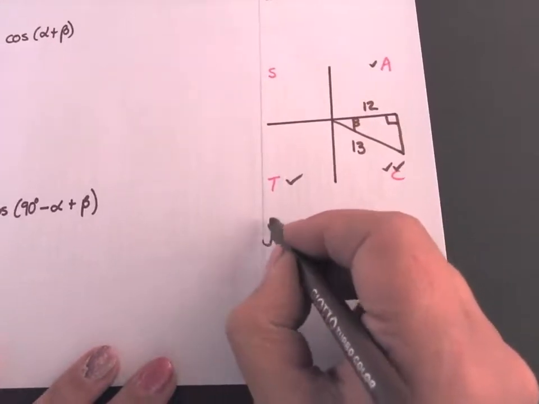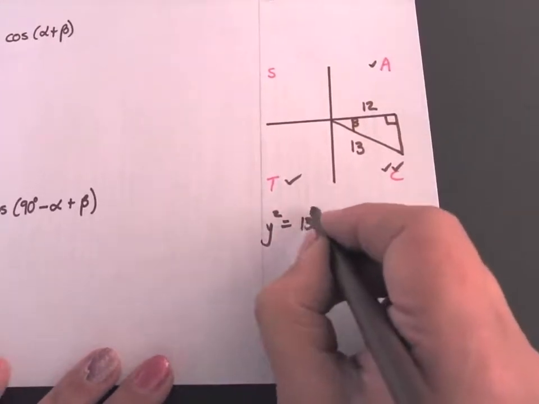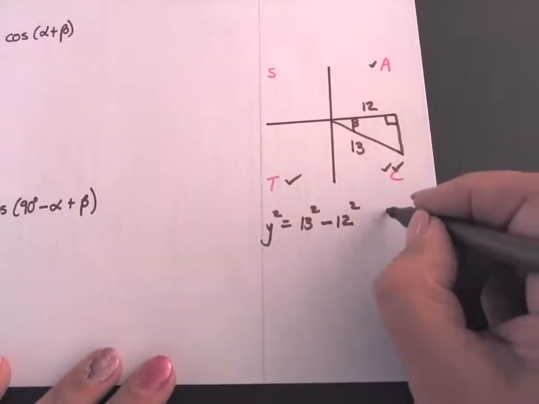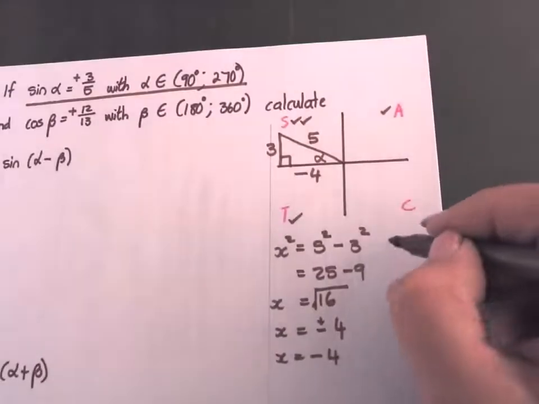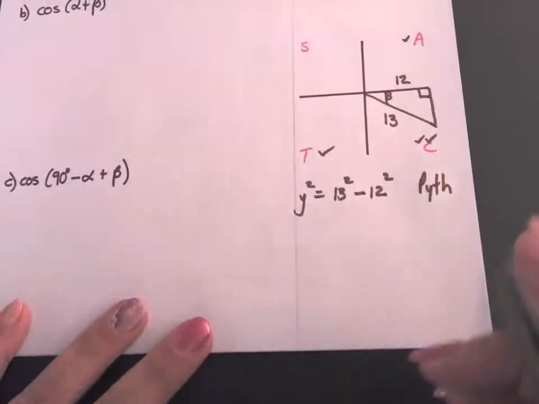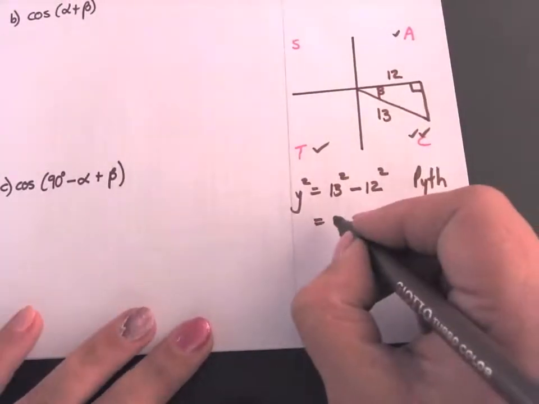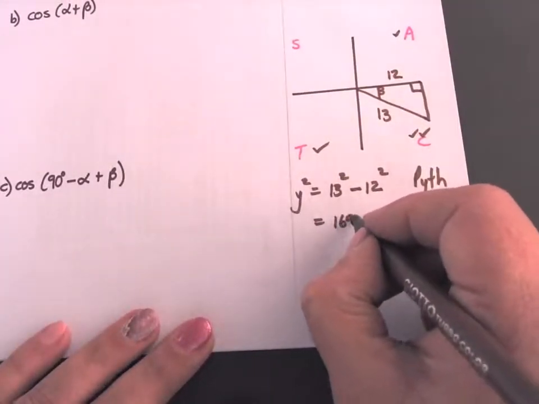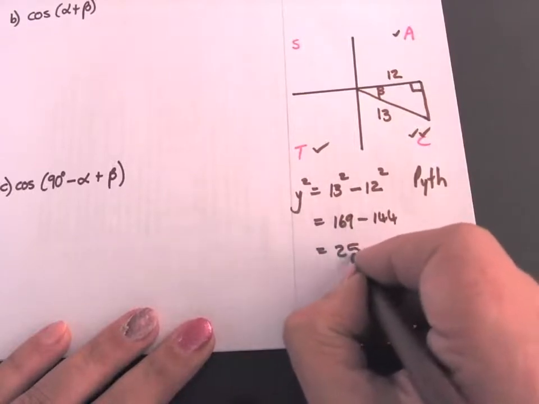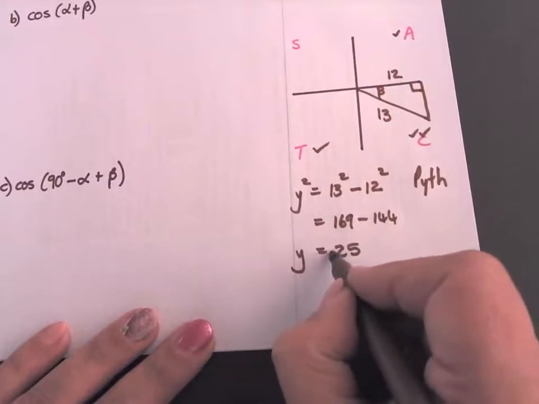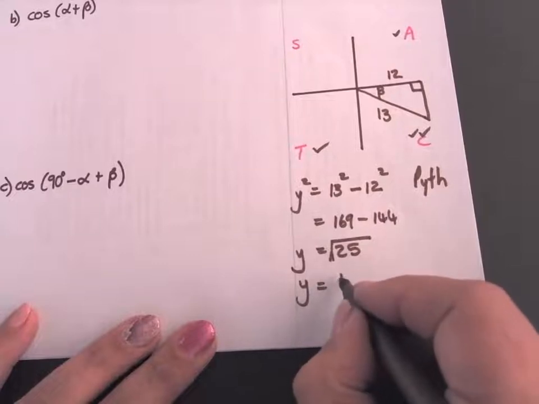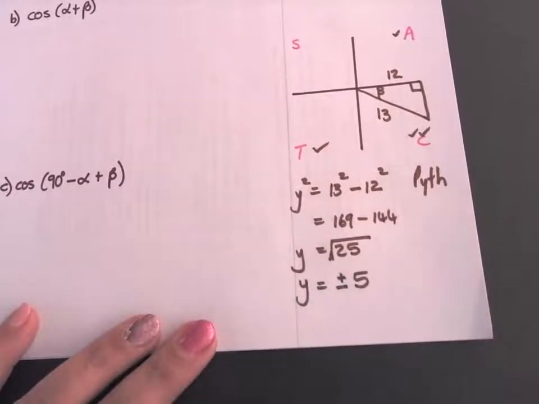So y squared equals the hypotenuse squared minus one side squared, and we used Pythagoras. So 13 squared is 169 minus 144, and that gives you 25. So y will be the square root of 25. Therefore, y will be positive or negative 5.